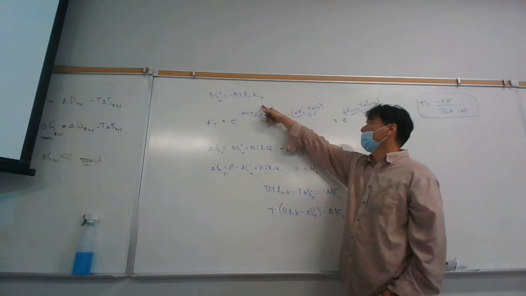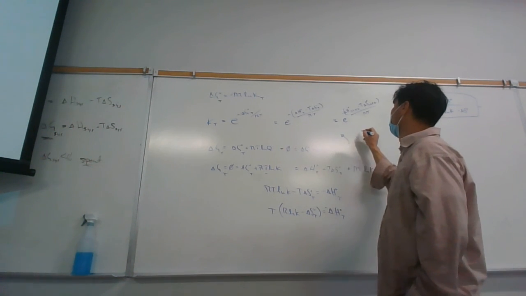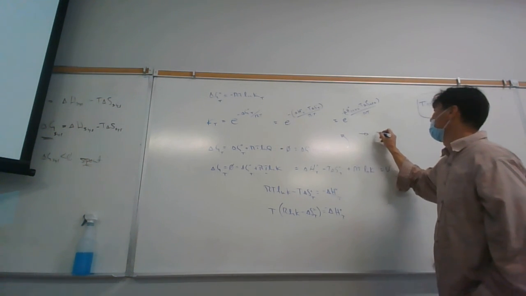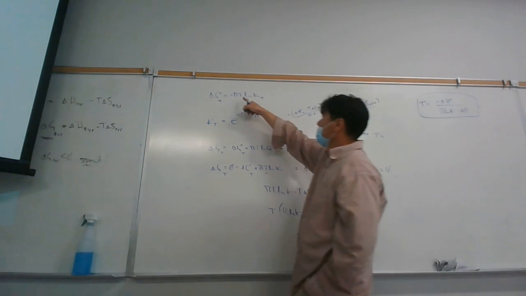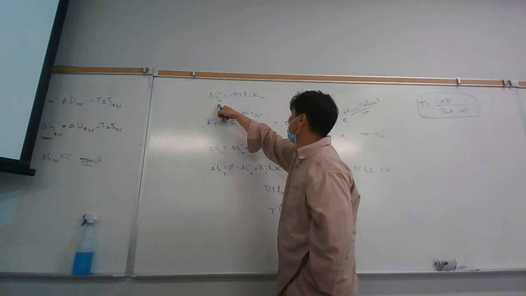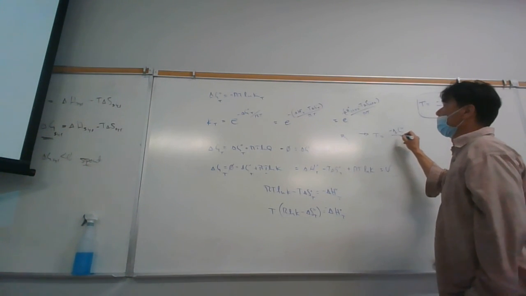Delta G naught is equal to minus RT ln of K at T, which goes back up here, which gives me this equation. That is, T is equal to, solving this equation for T, I get negative delta G naught over R ln of K.